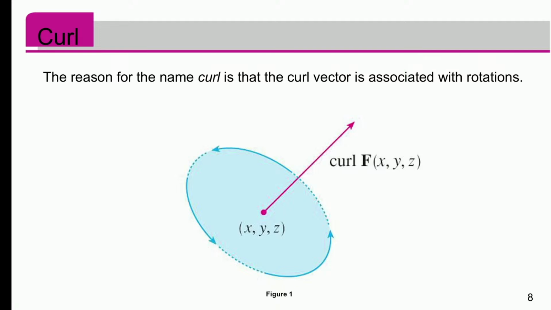Using the right-hand rule, you'll find that in general the vectors in that vector field are moving around in this direction in that plane, if you look at that local area.